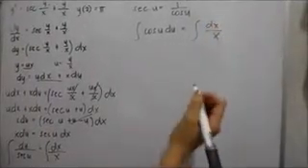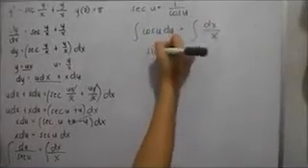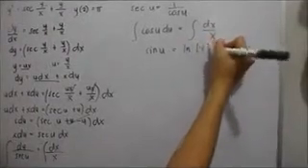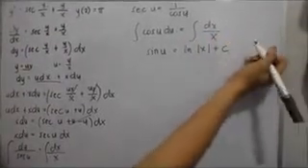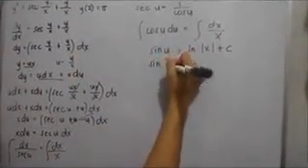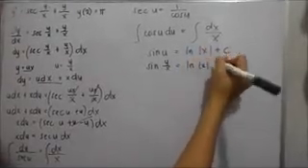So the integration of cosine u is sine u. So sine u is equal to ln of x plus c. Since u is equal to y over x, so sine of y over x is equal to ln of x plus c.